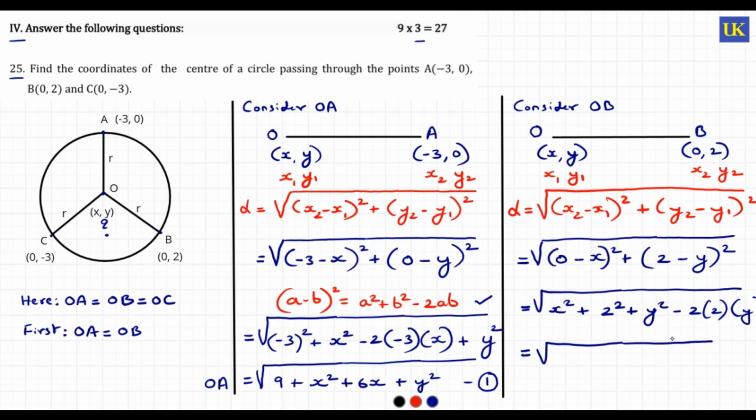Alright. So we'll solve it further. So x square, 2 twos are 4, plus y square as it is. 2 twos are 4 into y is minus 4y. And we will take this as equation 2. Now, the further part we will solve on the next page.